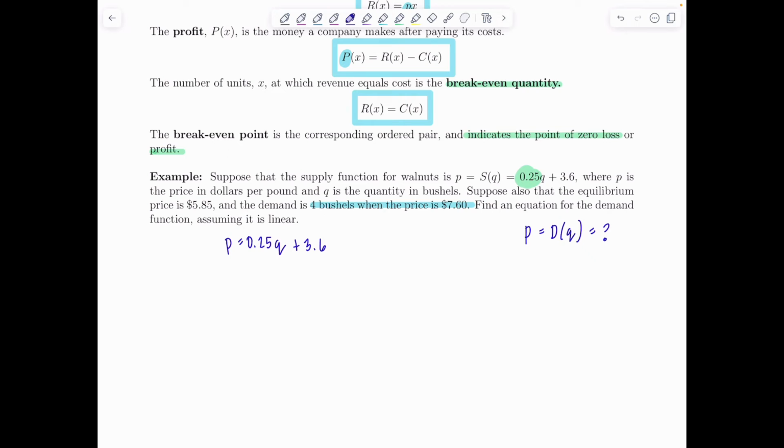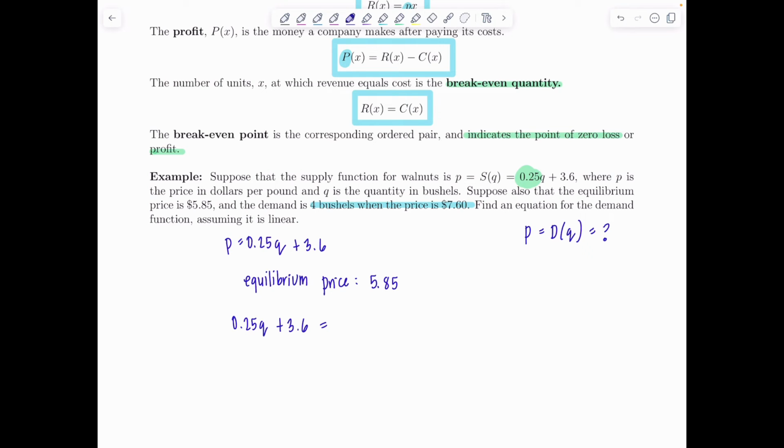Well, notice here they told me the equilibrium price is $5.85. So that's when supply is equal to demand. And they would have the same quantity, right, at that point. So what I'm going to do is take the supply equation and set it equal to that equilibrium price and figure out what the equilibrium quantity is.